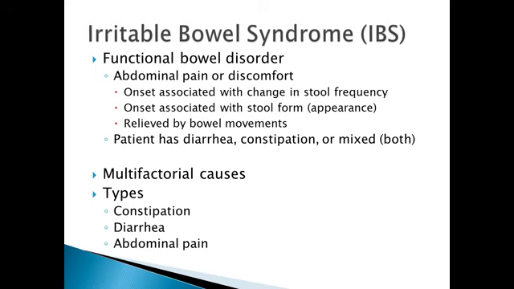To be diagnosed with irritable bowel syndrome, one has to have recurrent abdominal pain or discomfort that lasts at least 3 days out of the month in the last 3 months, and is associated with 2 or more of the above symptoms.